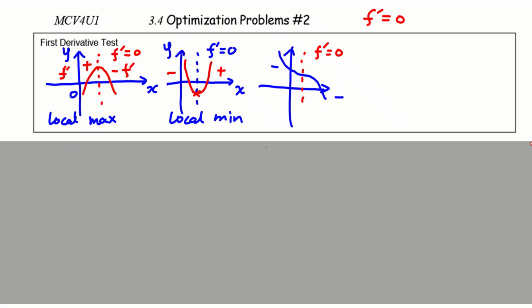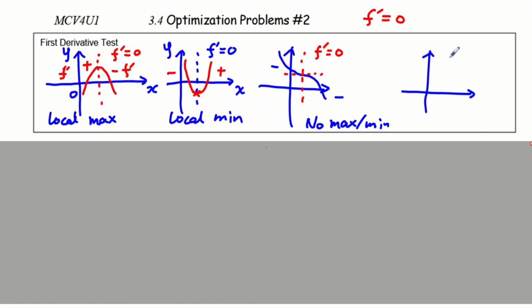So at this point the derivative, the slope, is 0, but you don't have a local minimum or maximum. If the derivative doesn't change sign at f prime equals 0, on the left side and right side, then you don't have a local minimum or maximum.